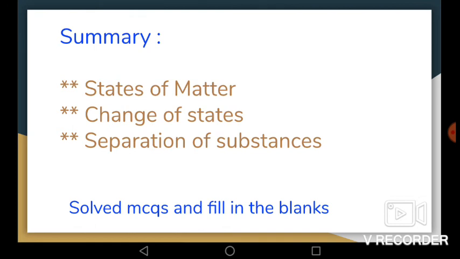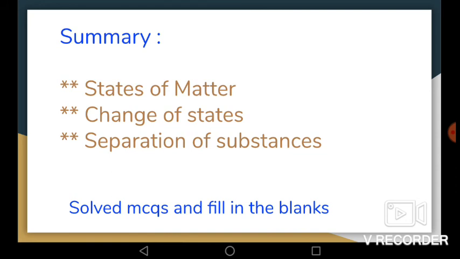Insoluble substances can be separated from a solution by the process of filtration, sedimentation and decantation. In filtration, a solution containing insoluble substances is passed through a filter paper.